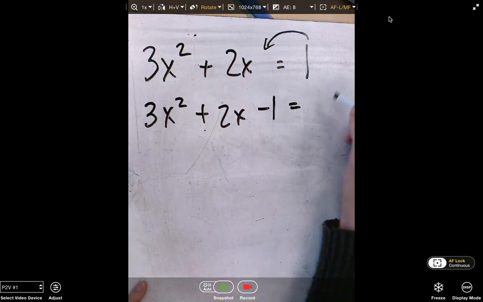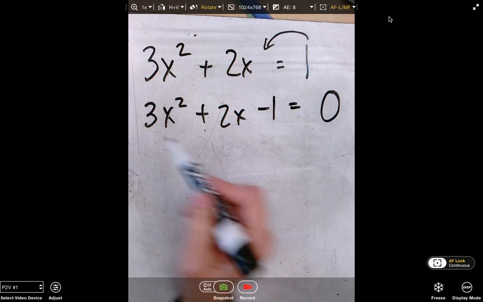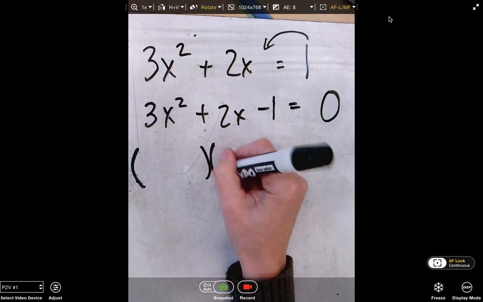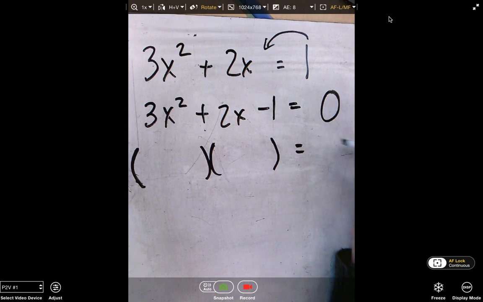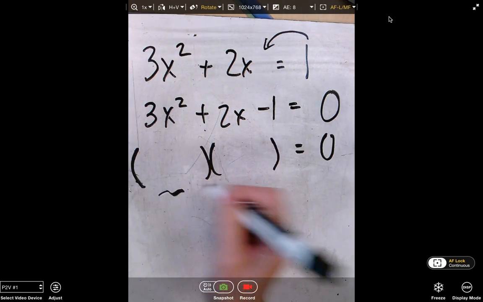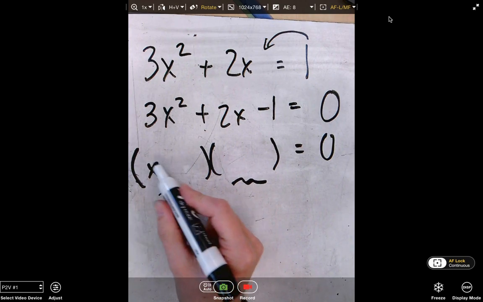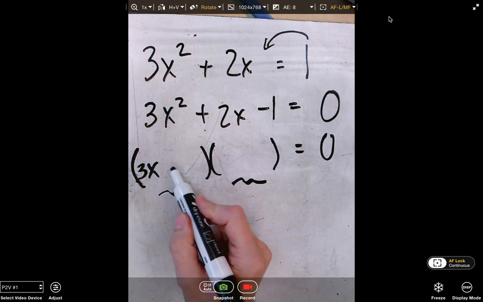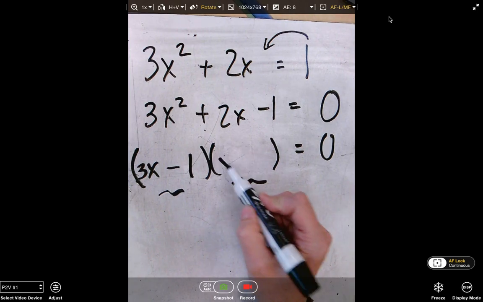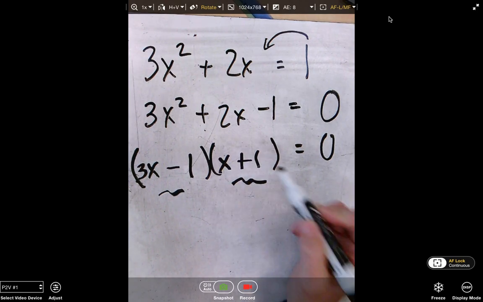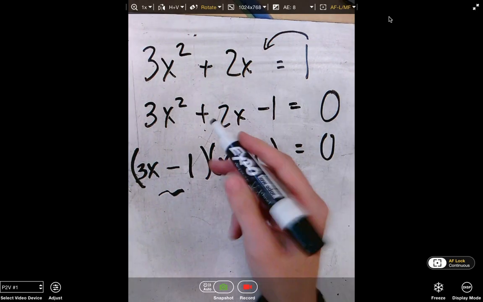And then since this is a trinomial, we can factor it into two binomials, 3x minus 1 and x plus 1.